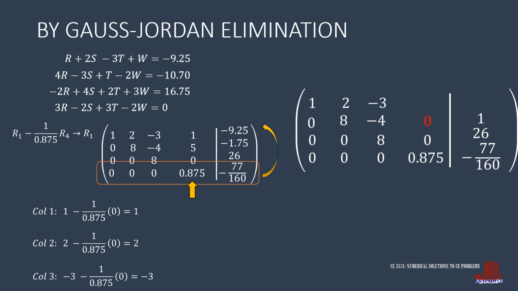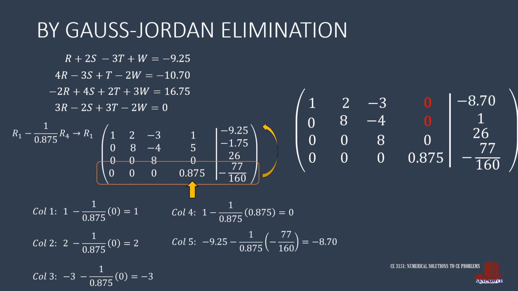The third is negative 3 minus 1 over 0.875 of 0, resulting to negative 3. Then next is 1 minus 1 over 0.875 of 0.875, making 0. The last element is negative 9.25 minus 1 over 0.875 of negative 77 over 160, giving negative 8.70.